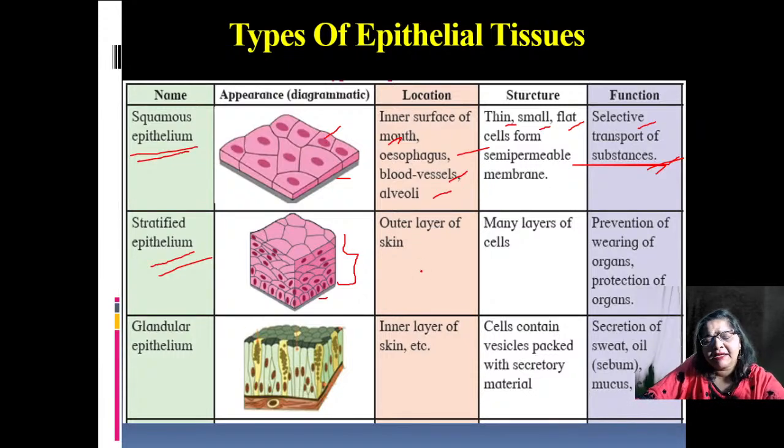For example, the outer layer of skin is a stratified layer. The skin is made up of stratified epithelium, which is many layered, and the main function is prevention of wearing and tearing of organs, and they help in protection of various internal organs, right? So that is stratified epithelium.